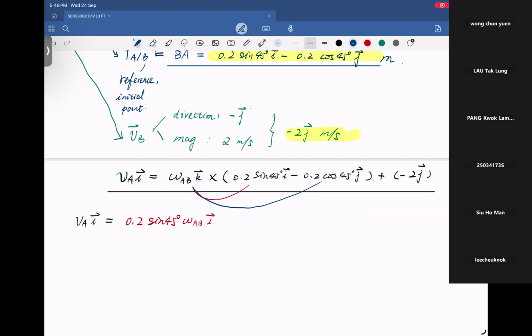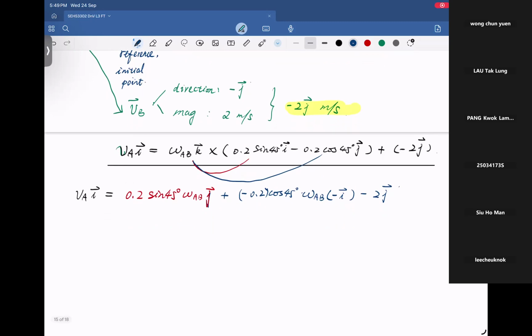The second one, negative 0.2 cosine 45 times omega AB, then K cross J is negative I, so we use negative I. Plus the minus, so we got minus 2J.